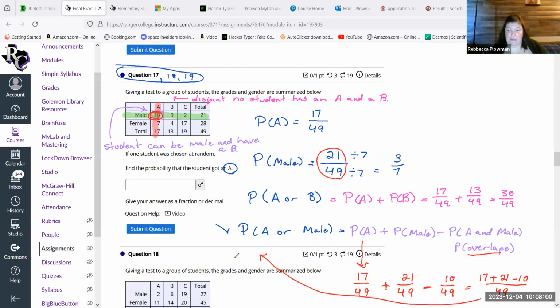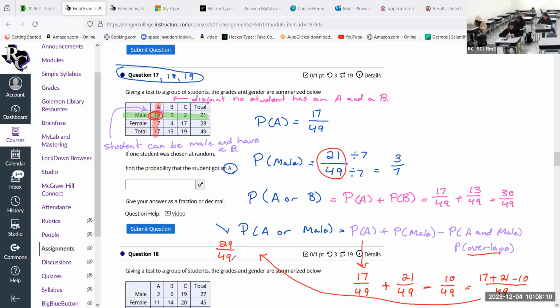Finish that one over here because I ran out of room. So we're beside 29. 28, sorry, miscounted. Yeah, 28.